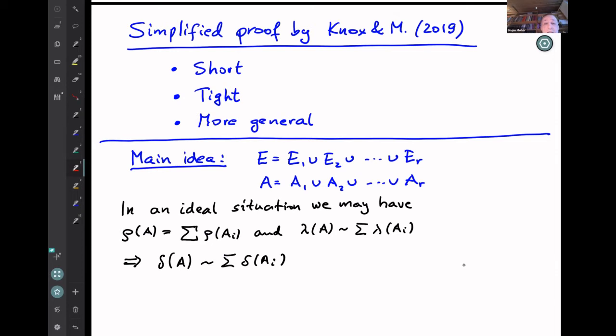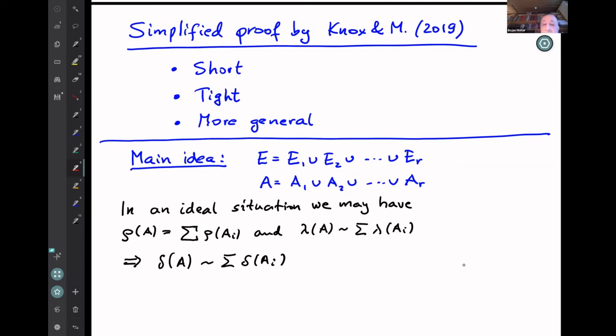And the main idea in the proof was the following. Here is something that you could consider, but it doesn't give a satisfactory result in this manner. Just suppose that you can partition the edges of your graph as E1 union E2 up to ER into R parts, and consider the corresponding adjacency matrices.